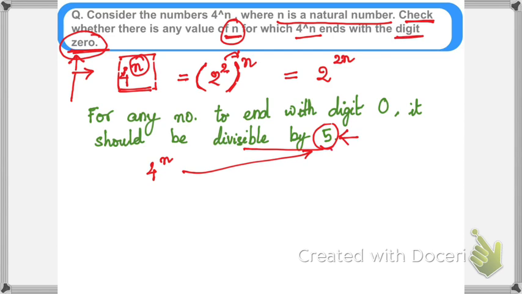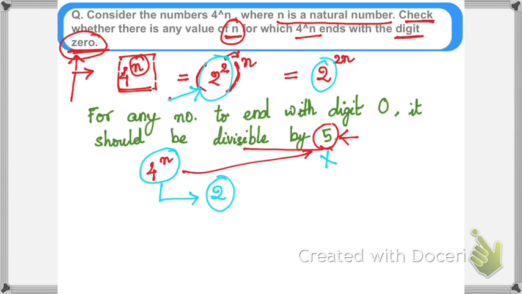But we noticed that the prime factorization of 4 to the power n contains only 2, nothing other than 2. So the only prime factor in 4 to the power n is 2, and 5 is not possible.